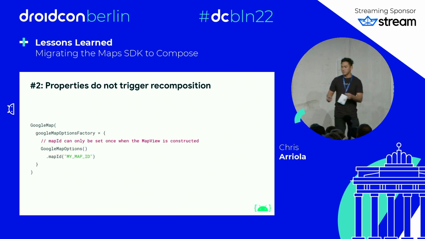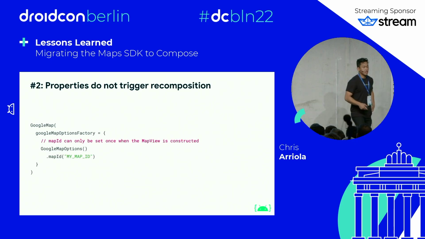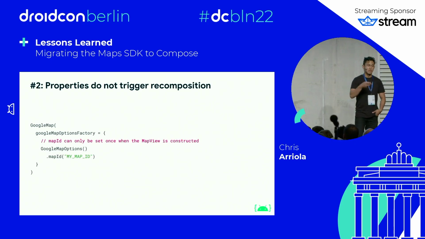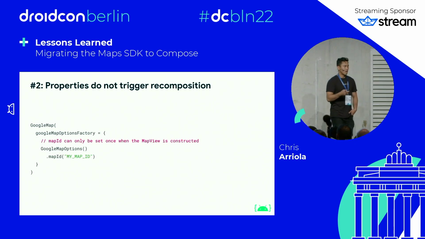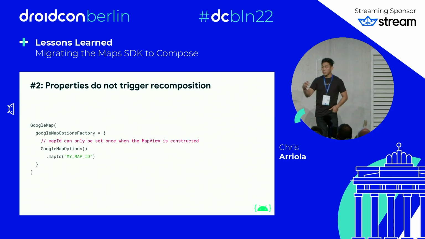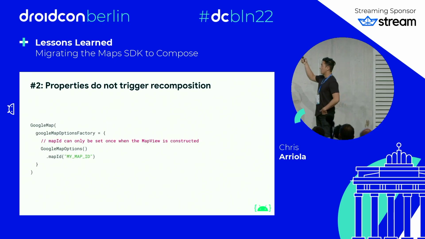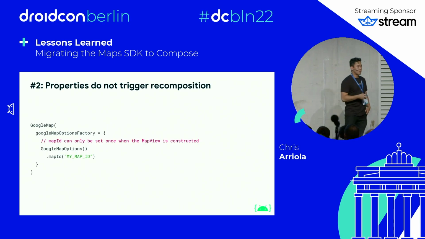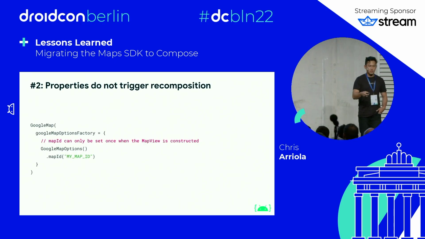And the last limitation I ran into is that there were some properties on the map that can't trigger recomposition because they have to be provided once to the map view object. One example of that is the map ID, a unique identifier that allows you to restyle the map on the cloud.